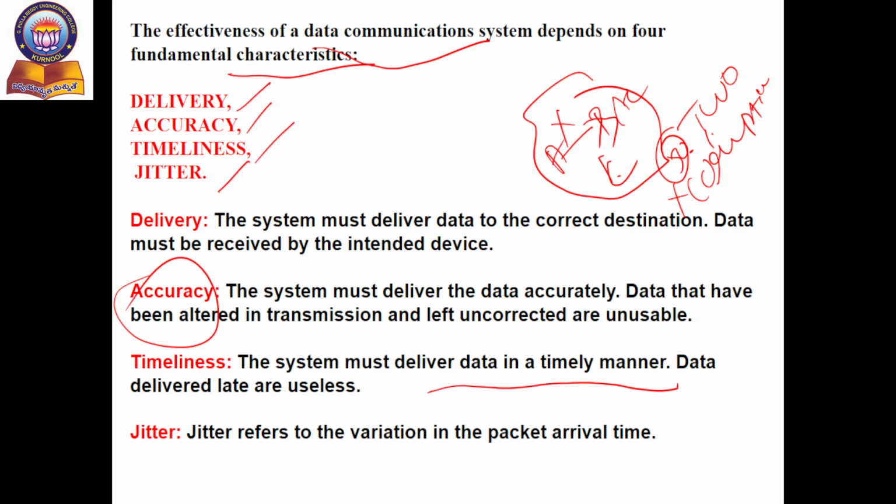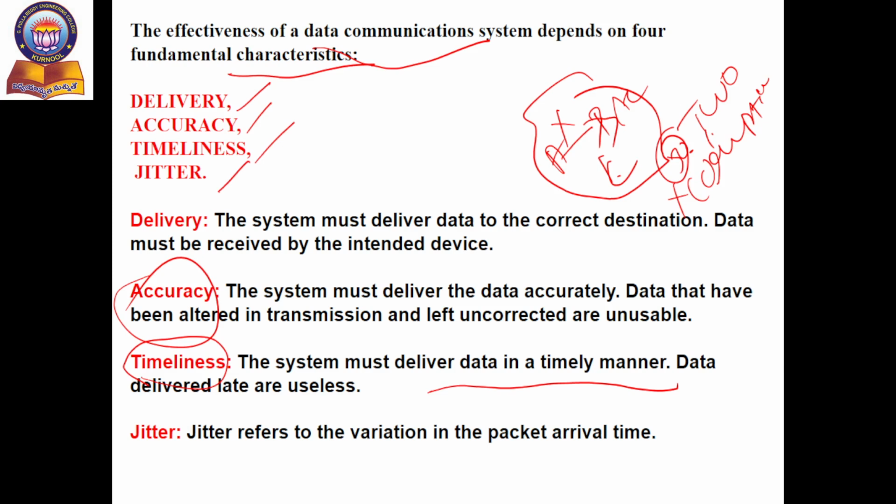The system must send the data within time. Timeliness is one of the characteristics which defines whether the data communication is effective, or sometimes we can define these types of characteristics for measuring the performance of the network also.